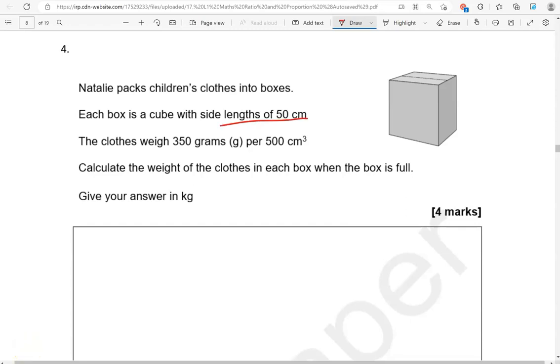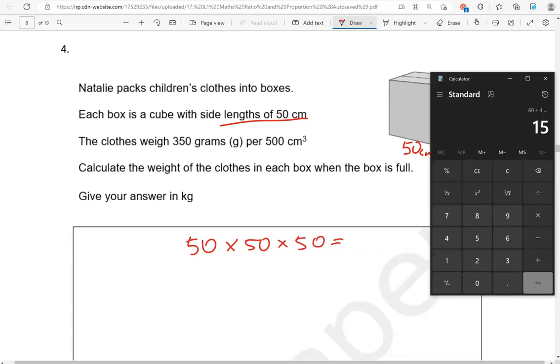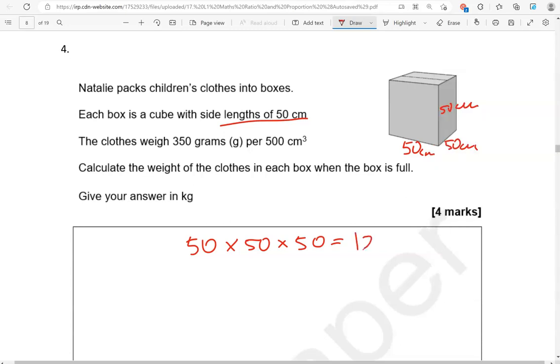So the side lengths of the cube are 50 centimeters, 50 centimeters, 50 centimeters. So this links to volume, 50 times 50 times 50 will give us the capacity, the volume of the cube, that is 125,000 cubic centimeters.